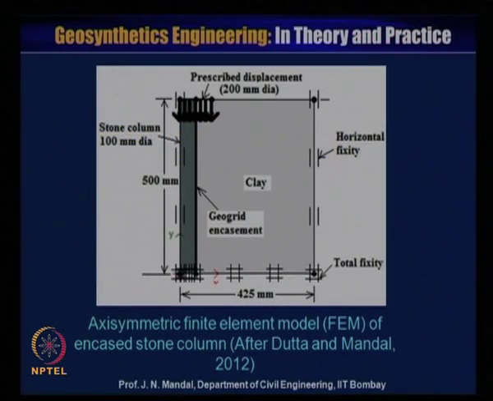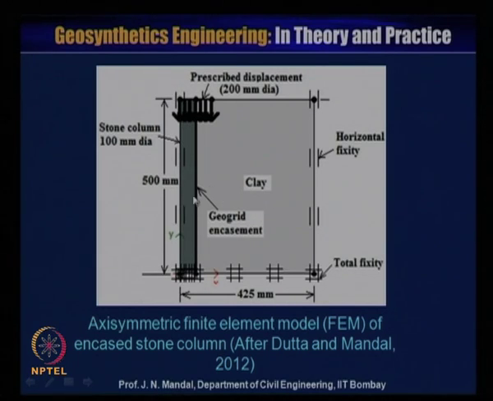Now, this is the axisymmetric finite element model of the encased stone column after Datta and Mandal 2012. This is the stone column, about 100 millimeter in diameter, and the length of the stone column is about 500 millimeter.